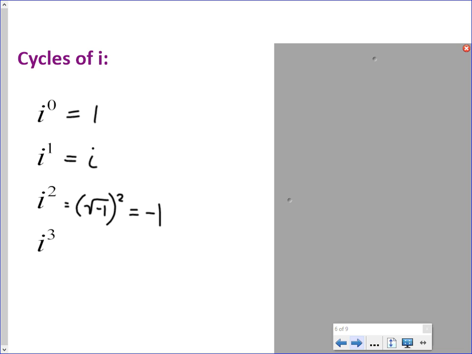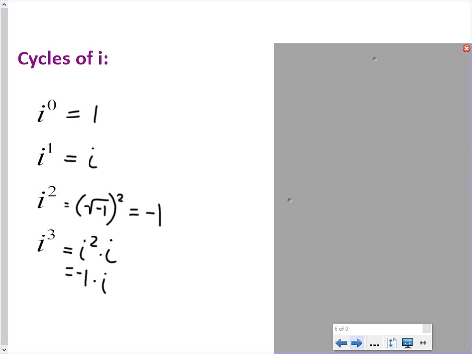Okay, so far my cycles start at +1, go to positive i, go to -1, and if I were to do i cubed, the way I think about it is, do you agree that i cubed would really be i squared times i? What's i squared? -1.